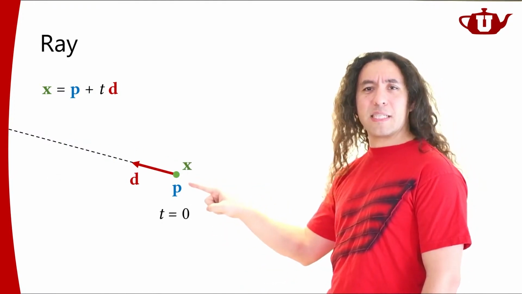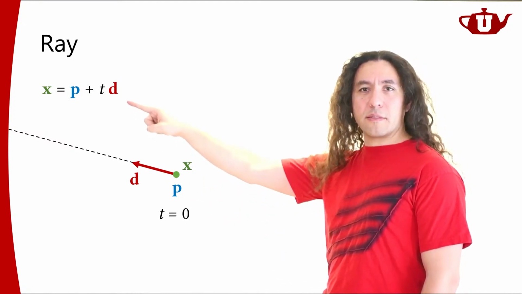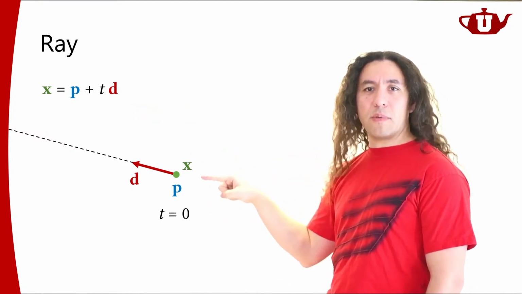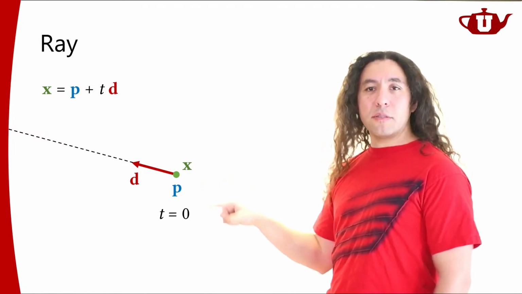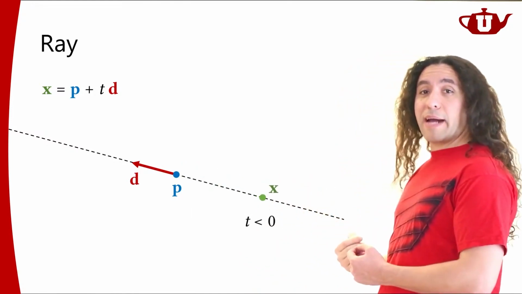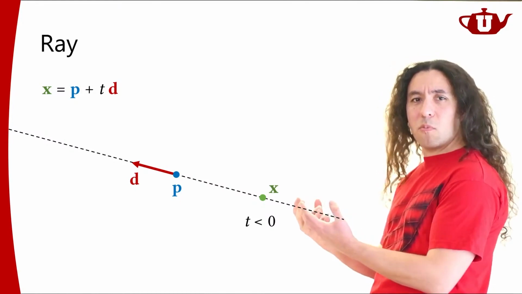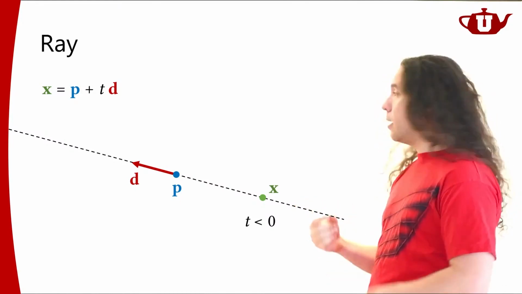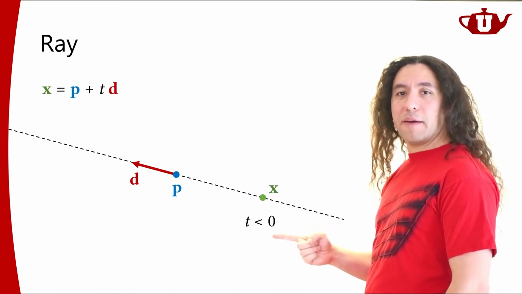So at this point, where t is equal to 0, this term cancels out, so we're left with P. We're going to be exactly at the ray origin. And if t is negative, then we're going to be on the backside of the ray. I often refer to this as being behind the ray, right? So X is going to be behind the ray, on the backside of the ray, if t is negative.